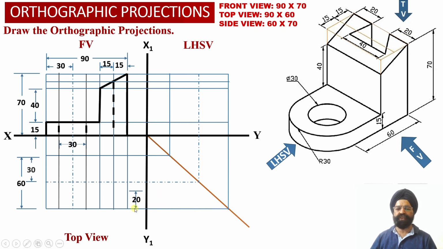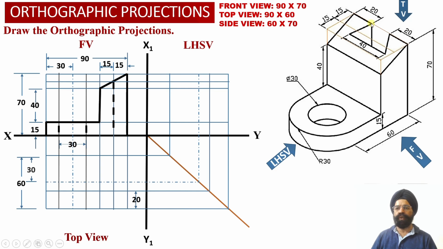So from the front face of the solid, we have marked a distance of 20 millimeter, and we have obtained a horizontal projector line into the top view projections, and we have transferred this distance of 20 millimeter from the top view projections into the left hand side view projections using this transfer line. So now this point will provide us with the location of the angular slot which is starting from the right hand side face of the solid over here.